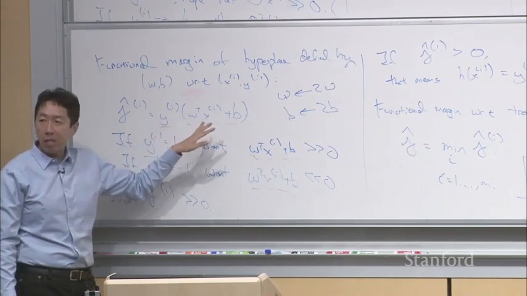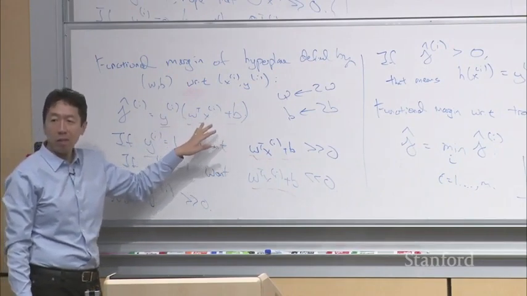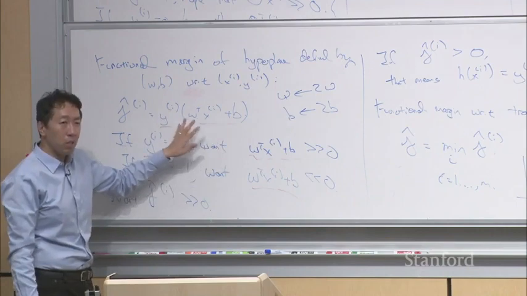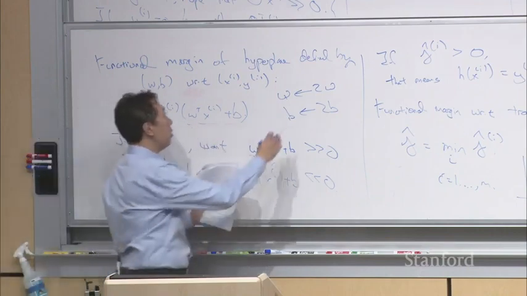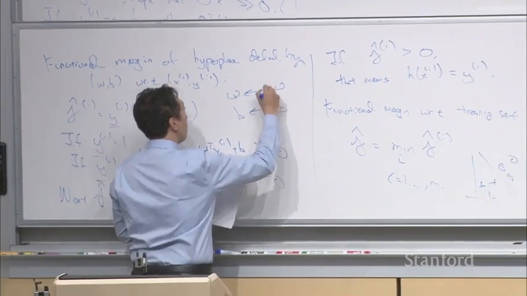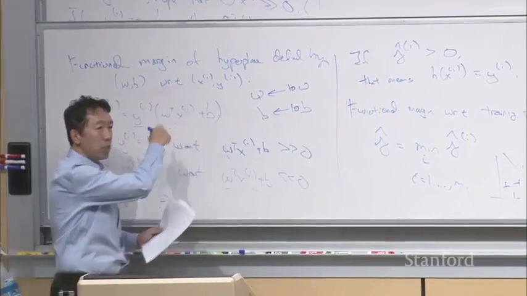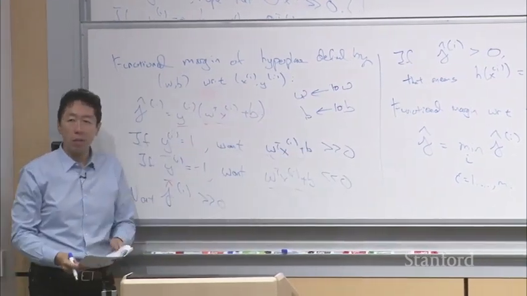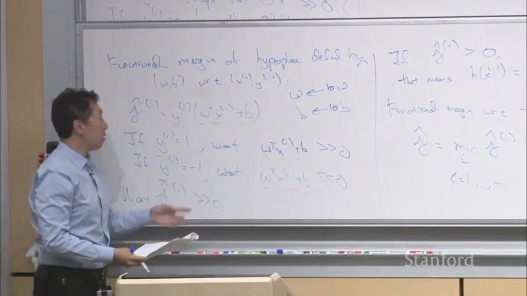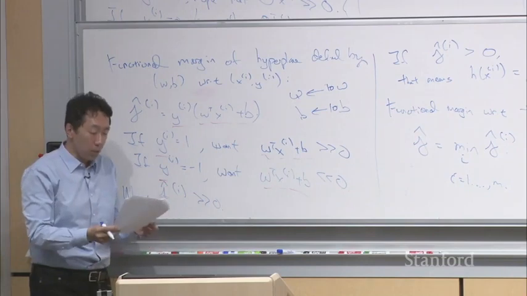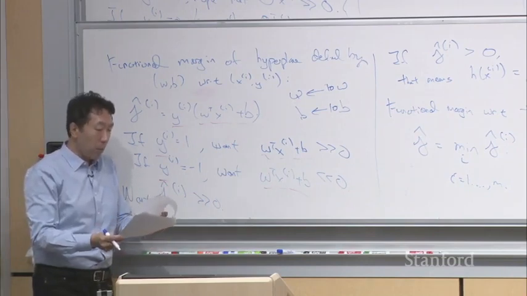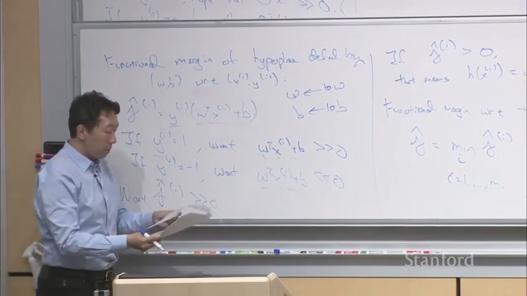But you haven't actually changed anything meaningful. So one way to cheat on the functional margin is just by scaling the parameters by 2, or maybe you can multiply all your parameters by 10, and then you've increased the functional margin of your training example 10x. But this doesn't actually change the decision boundary. It doesn't change any classification, just to multiply all of your parameters by a factor of 10.